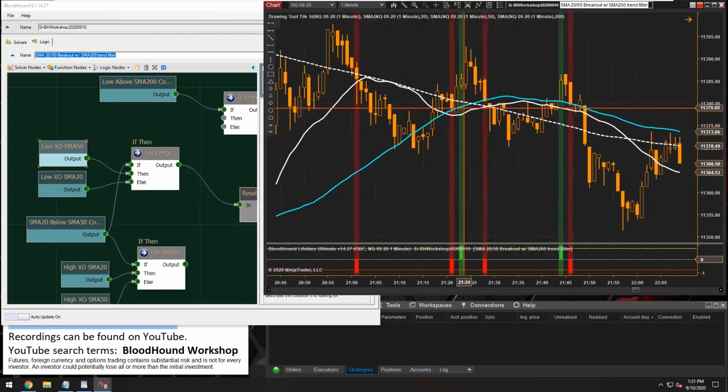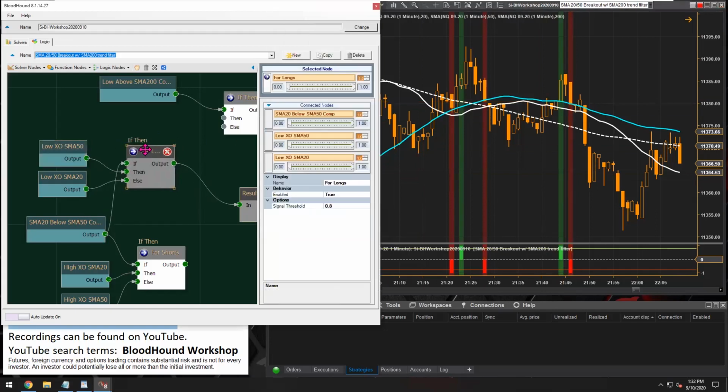Yeah, we can even see here. So when the 50 goes above, I'm getting crossover signals from the 50, which is above the 20, right? So basically I'm getting crossover signals from whichever moving average is above the other, right? And again, that's being used for long situations.